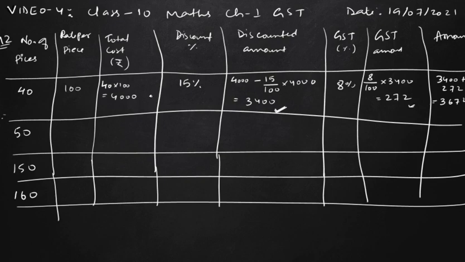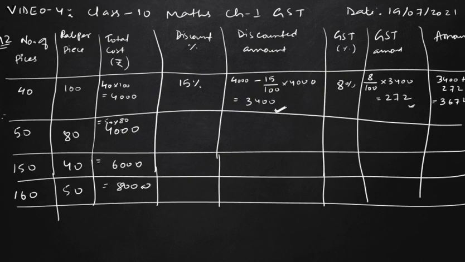For the second item the number of pieces was 50, then 150 and 160, with rates 80, 40 and 50. So the total cost will be 50 into 80, which is equal to 4000. Likewise 150 into 40 will give us 6000, and 160 into 50 will give us 8000.